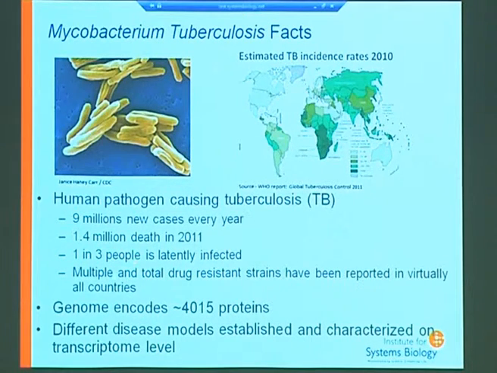About 1 in 3 people is latently infected. That means they have the bacterium, but they don't have the disease. And this is a lot, especially because you can then have tuberculosis any time, and then you're spreading it as well. Very important are the multiple and the totally drug resistant strains.